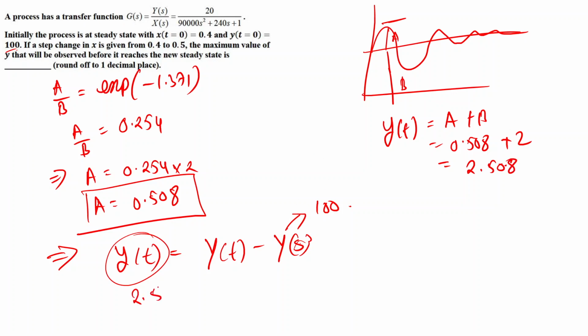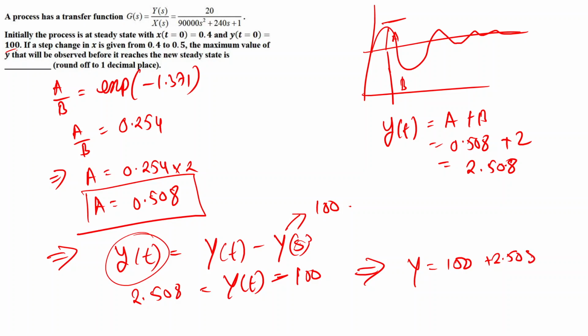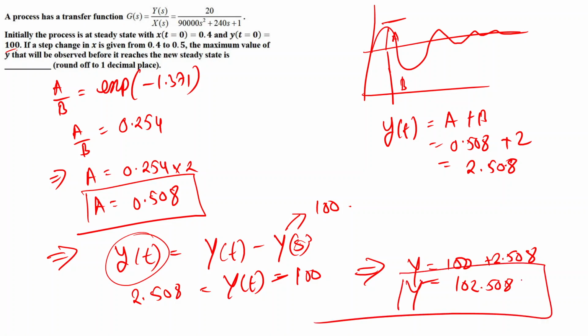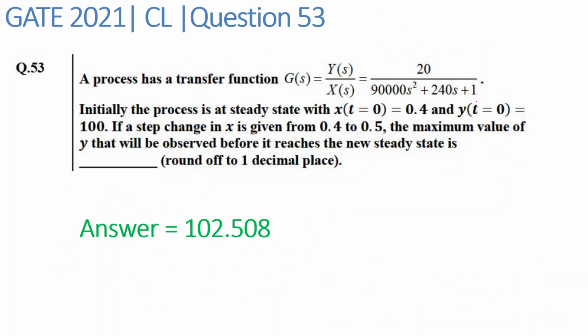We can put it over here. 2.508 is equal to y minus 100. So the maximum value of y will be 100 plus 2.508. This will become 102.508. So we will report the final answer as 102.5.